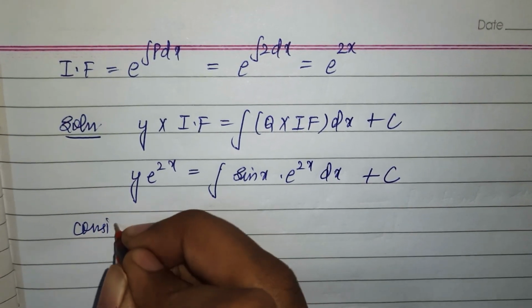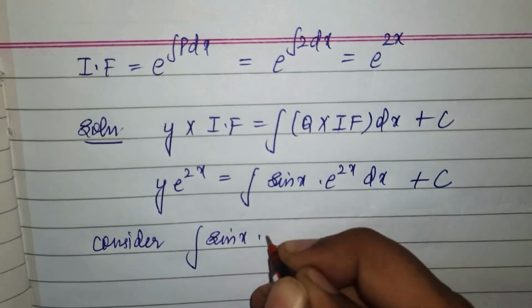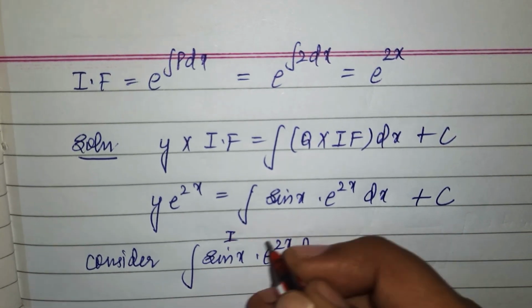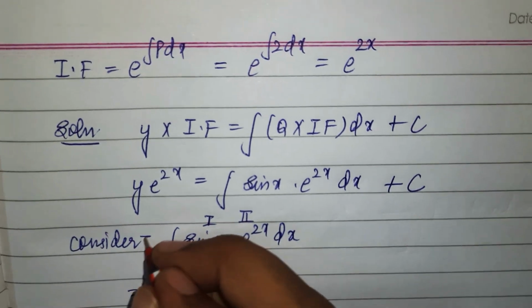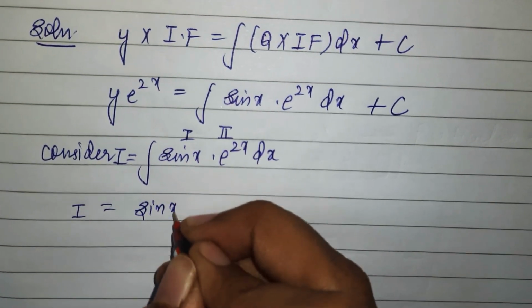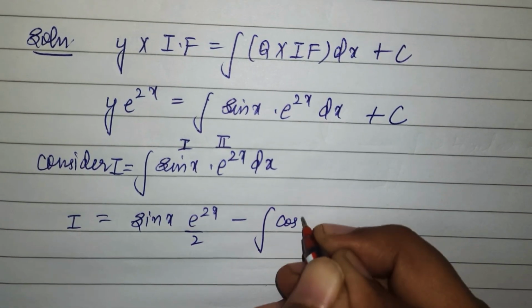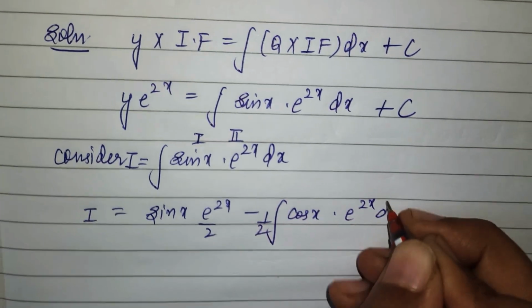What I can do is apply integration by parts. Choose the first function and the second function. First function same, integration of second function, minus differentiation of first function times integration of second function, e raised to the power 2x upon 2, dx.